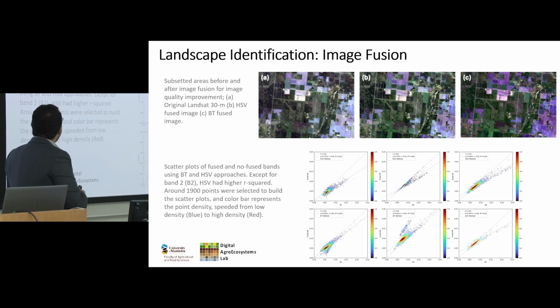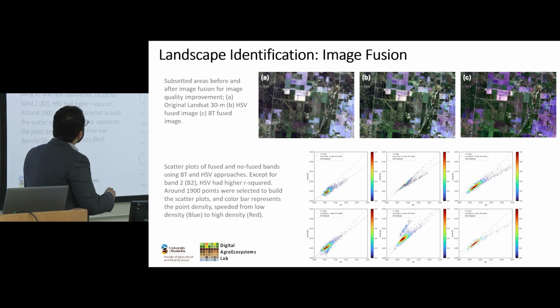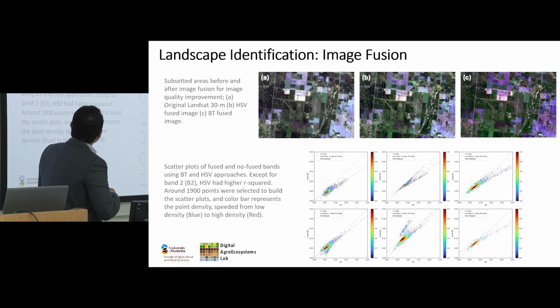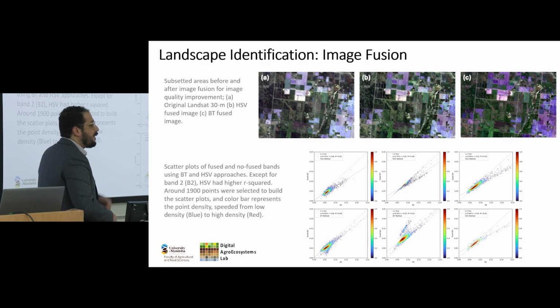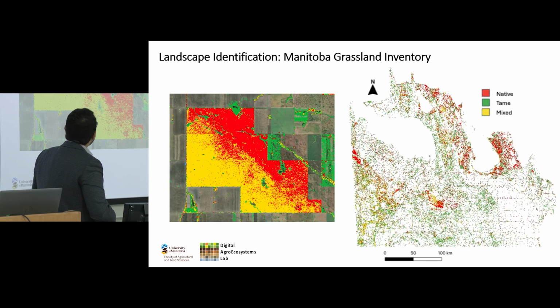We use two different systems, the HSV, which is hue, saturation, and value, and also the Brovey transformation, which is also added within this analysis. It enhanced in some cases, but in some bands it doesn't provide the accuracy we are looking for. But at least we tried the approach.